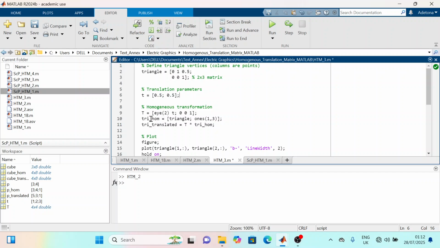Then for us to be able to carry out matrix multiplication of this triangular object that we have done, but this triangular object is 2 by 3, we need to make it 3 by 3, so that at the end of the day we can multiply the 3 by 3 matrix that we have obtained here by 3 by 3.